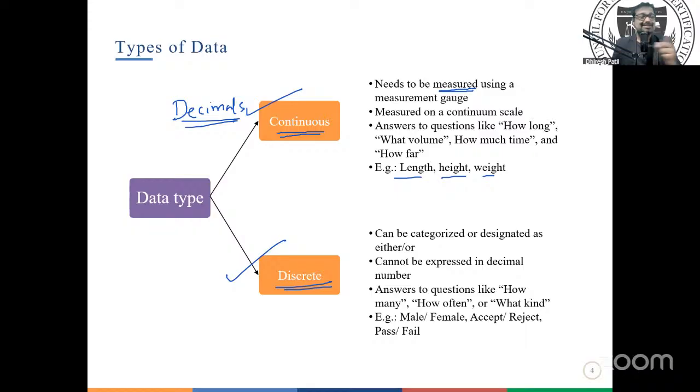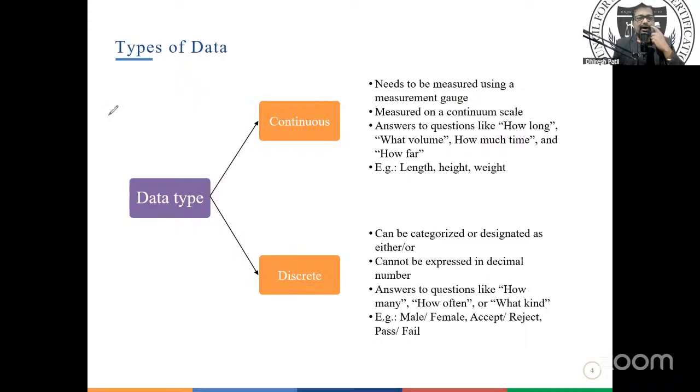Number of parts is discrete data. Very good. Bore diameter is continuous data. Pass and fail, go, no go is discrete data. Very nice. Production numbers can be continuous data. Head count, how many people, is discrete data. Clear? Turnaround time of the sample report is continuous, and number of reporting errors is discrete. Fantastic. Super.